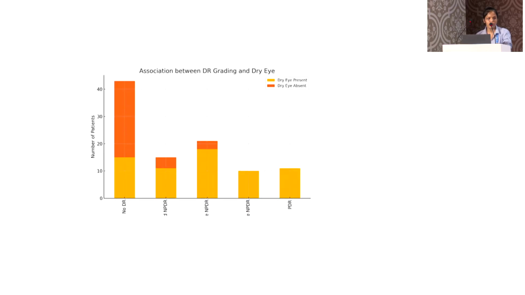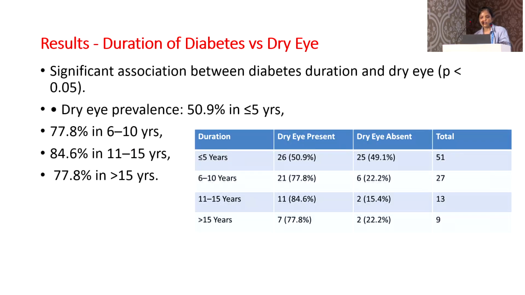This is the graphical presentation of the duration of diabetes versus dry eye, where we see that 50.9% in those with less than 5 years have dry eye, 77.8% in 6 to 10 years, 84.6% in 11 to 15 years, and 77.8% in more than 15 years.